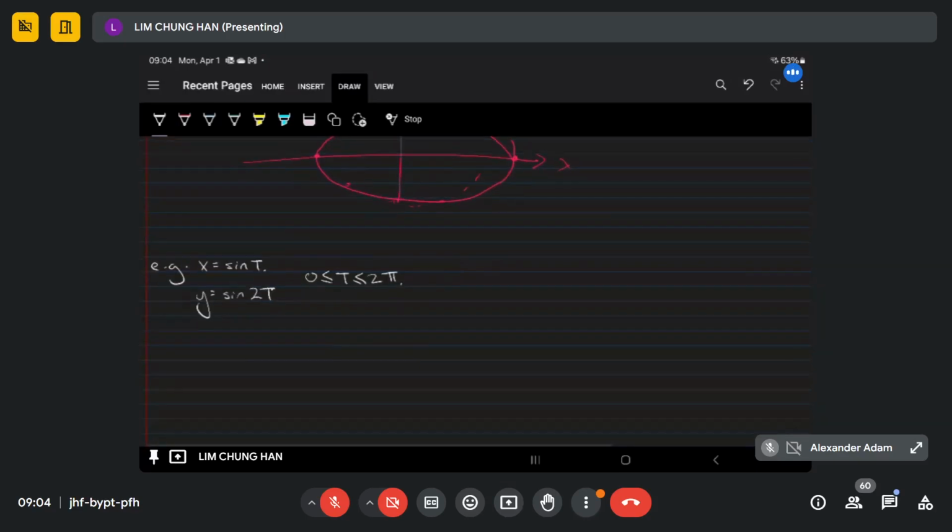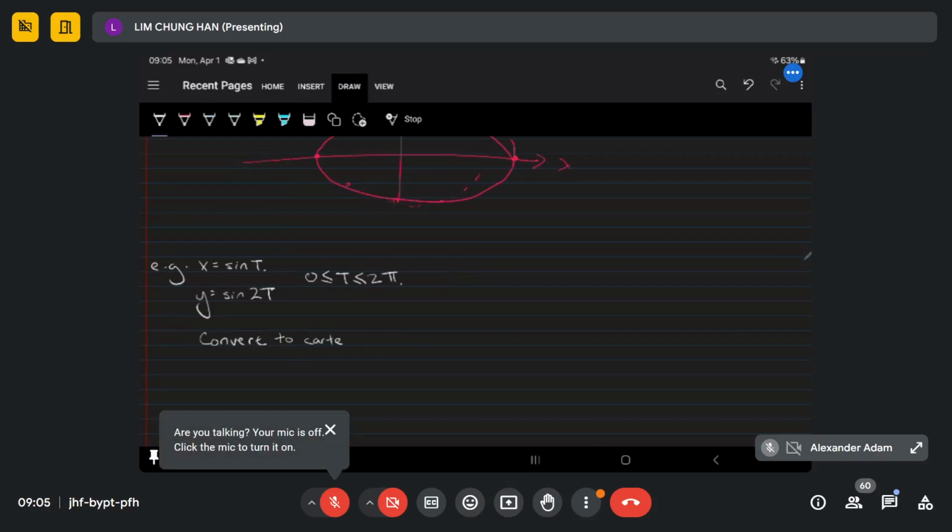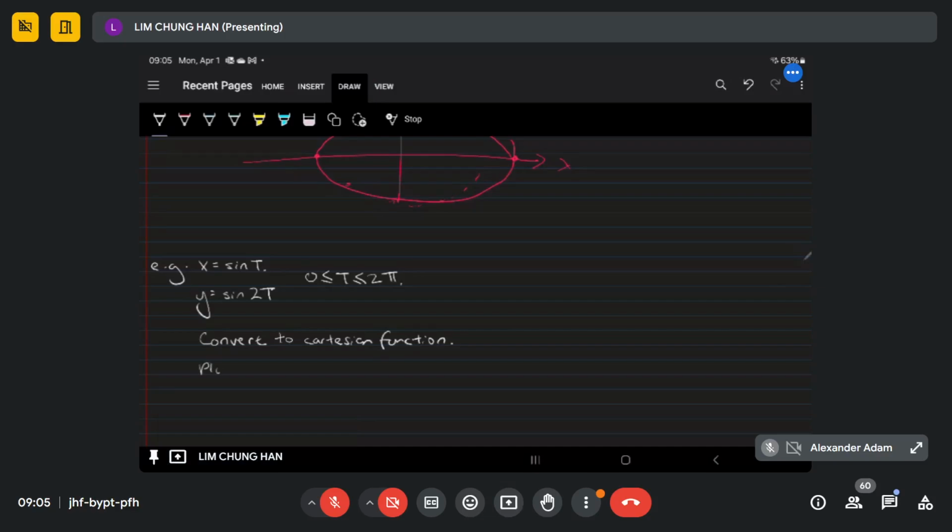So my instructions are to convert to a Cartesian function, then plot, show direction, show initial point and terminal point.